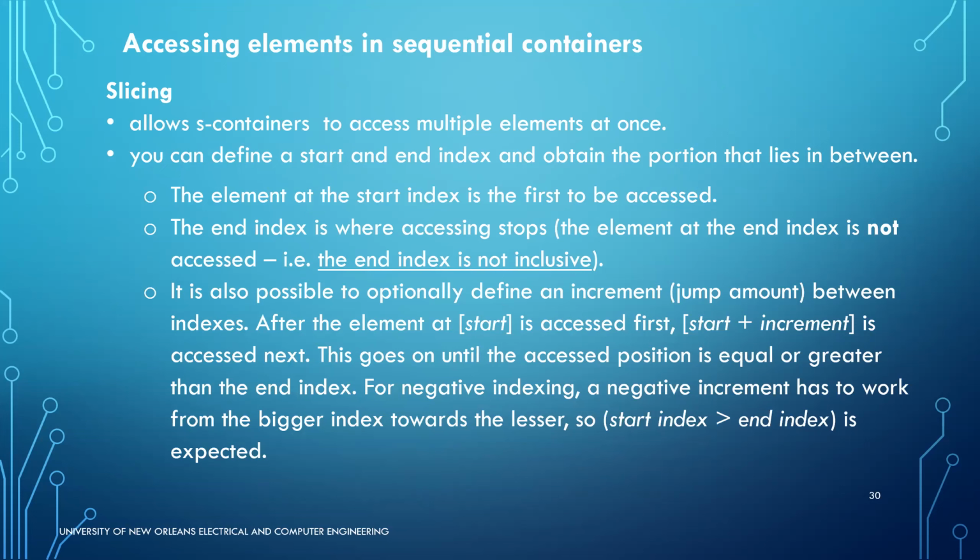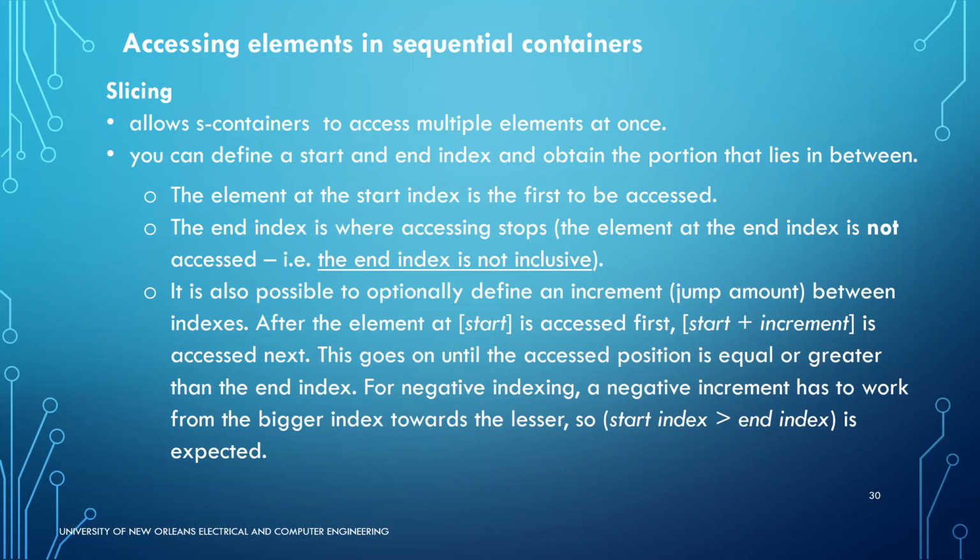The end index is where accessing stops. The element of the end index is not accessed. That's one of the things we need to be a little careful about, because even though we have to indicate it, that end index is not actually accessible when you note it in the command. And so the end index is not inclusive, okay? And we'll see examples of that in just a minute.